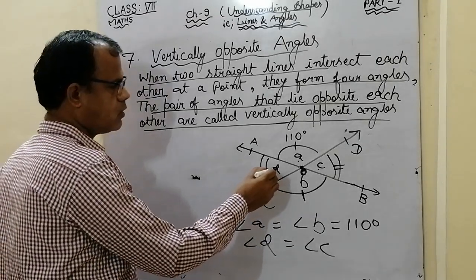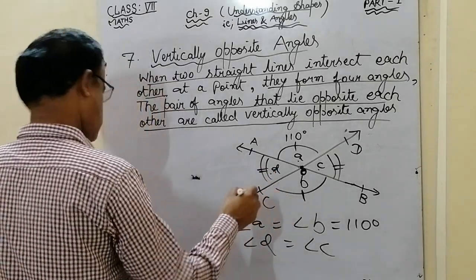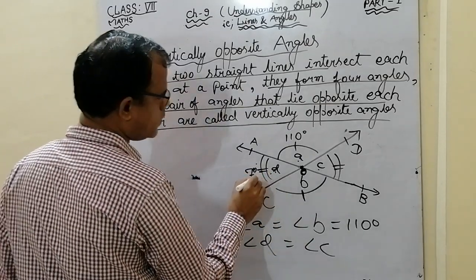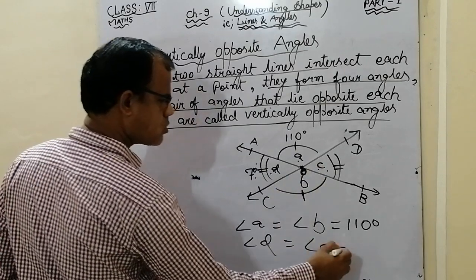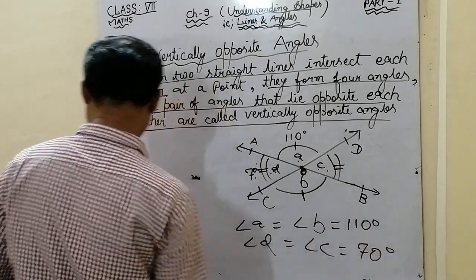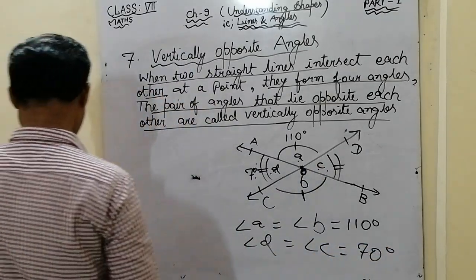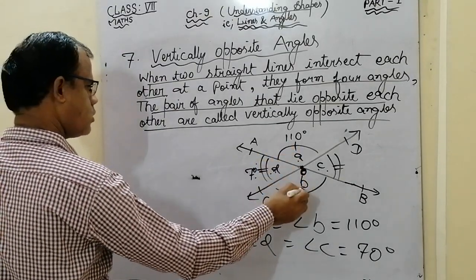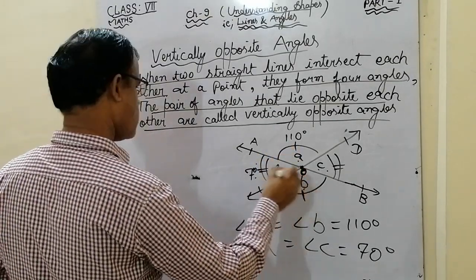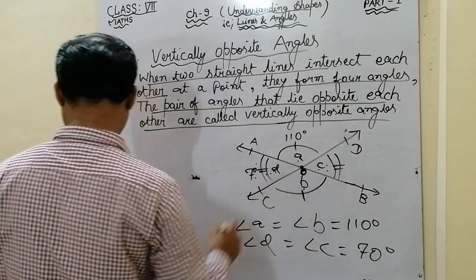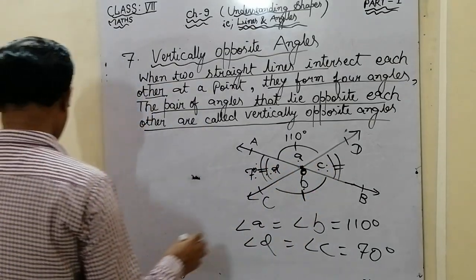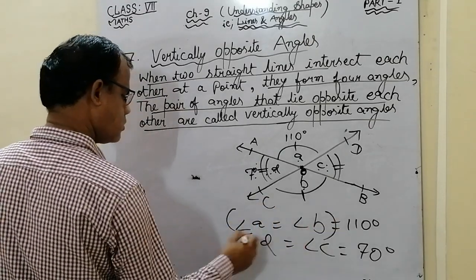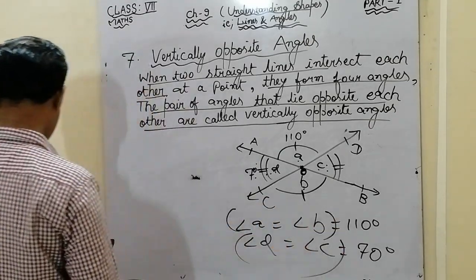So the value of D becomes 70 degrees. If angle D is 70, then angle C is also 70. So angle A equals B, and angle C equals D, and these are pairs of vertically opposite angles.